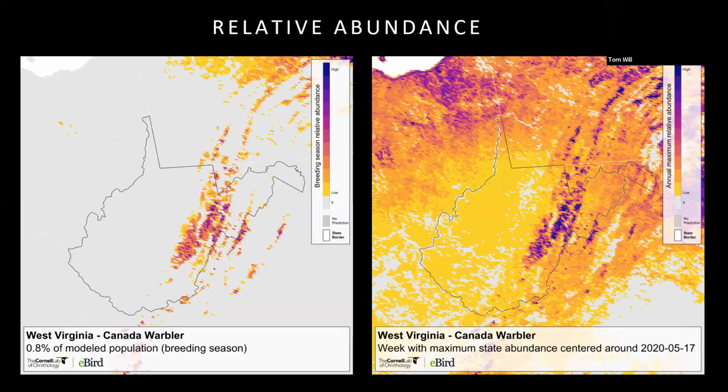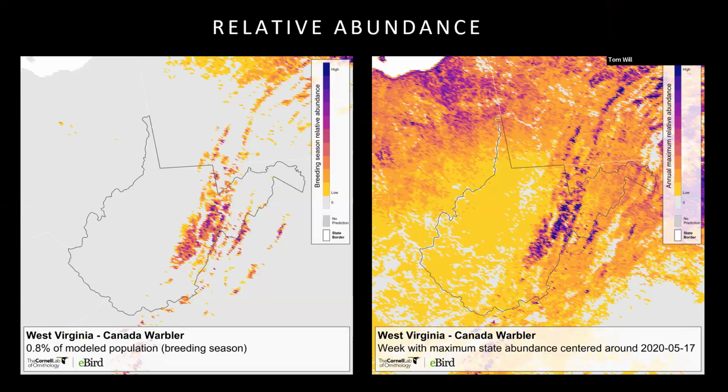For example, here's Canada Warbler for West Virginia. It tells you the percent of the model population during the breeding season. In our tabular data, we also tell you when the maximum peak is. This is the breeding season, but this is maximum, and this is why we're using maximum layers for a lot of the conservation applications, because it picks up a lot of the importance during migration that you might not pick up during breeding.